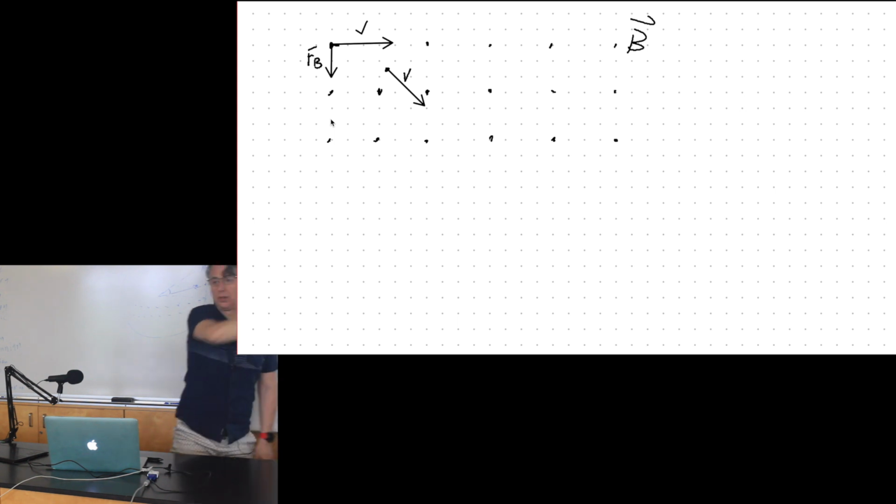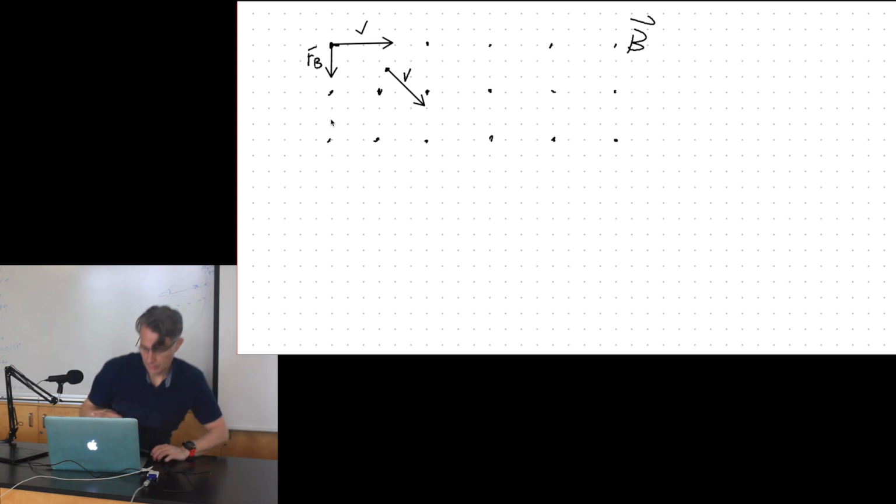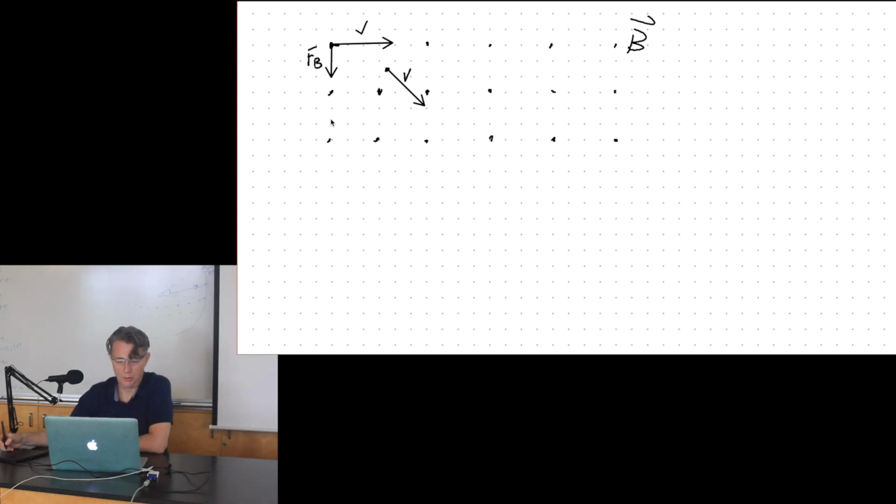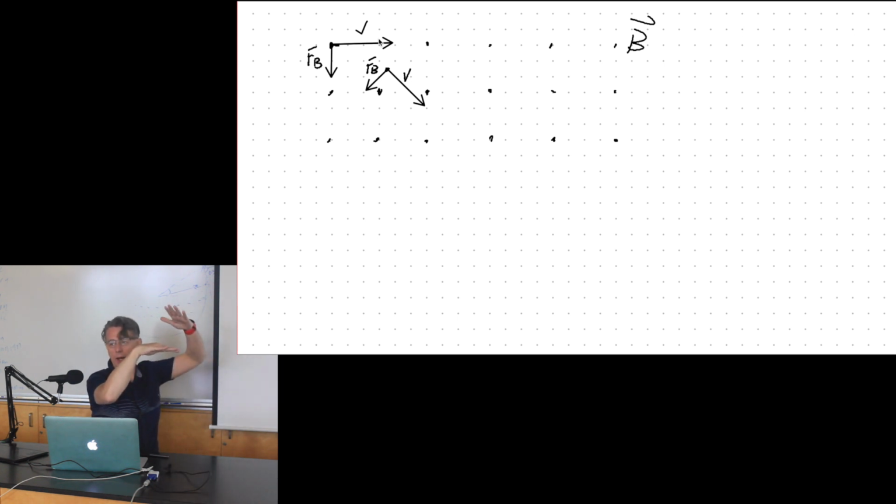So the force is that way, yes? Just to make sure of the reason why the acceleration is going this way. Well, think of it like a hockey puck going to your right, and then I apply a force.